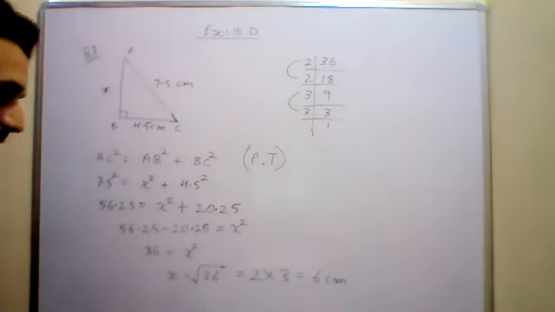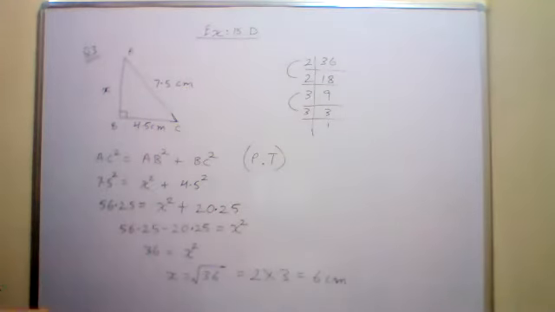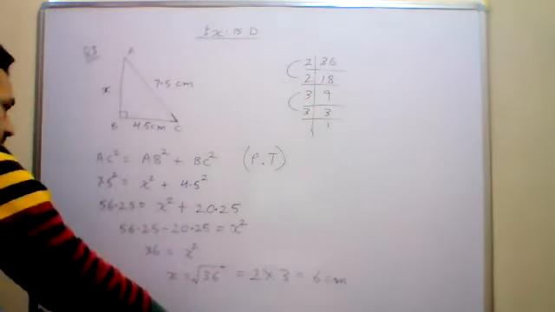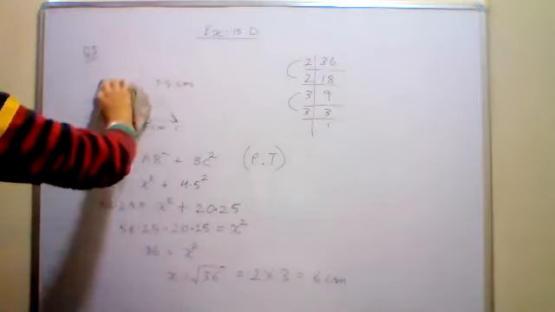Question number 4. The two legs of a right triangle are equal and the square of its hypotenuse is 50. Find the length of each leg.